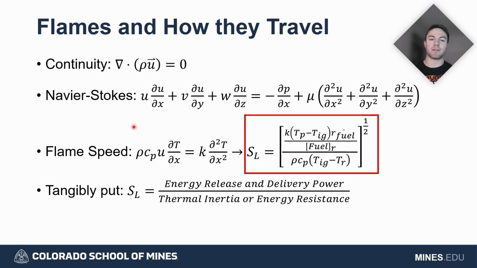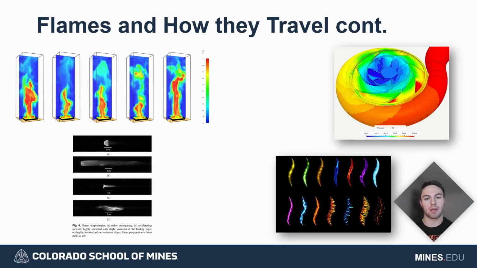Okay, we breezed over these, but basically continuity and Navier-Stokes are the momentum of a fluid, and these are used as factors to influence the flame speed on a more granular level, accounting for viscosities, any external forces, as well as forcing mass to be conserved. So with this whole flame speed equation, we can give an estimation of what the flame speed in that tube theoretically should be.